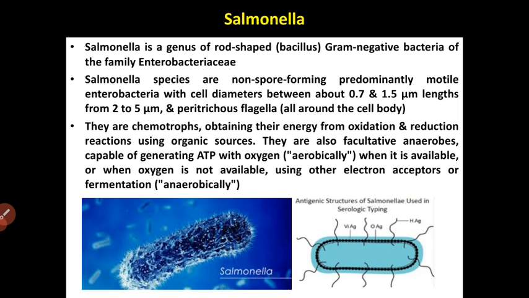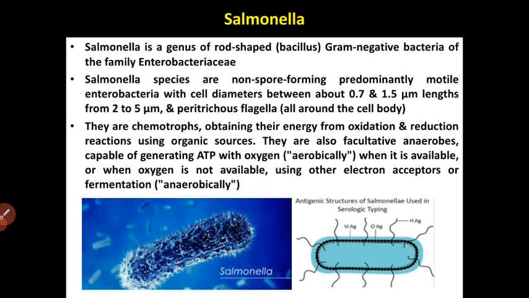Now let's see the characteristics. Salmonella are facultatively anaerobic, gram-negative bacilli, primarily intestinal parasites of vertebrates. They are enteric. They do not ferment lactose on MacConkey agar. They produce gas when fermenting glucose and produce H2S from thiosulfate.